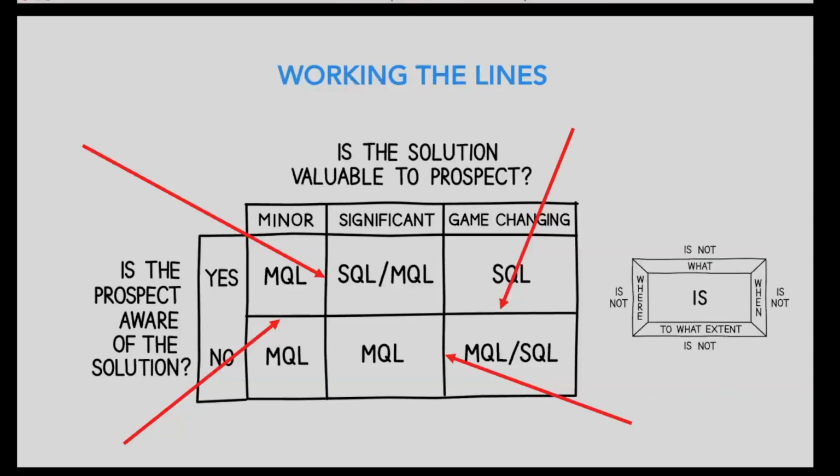Let me give you an example, using the left side there: is the prospect aware of the solution? Internally we talk about when the prospect is aware, and what moves them from no to yes. Is it when they've had, for instance, 3 touches?